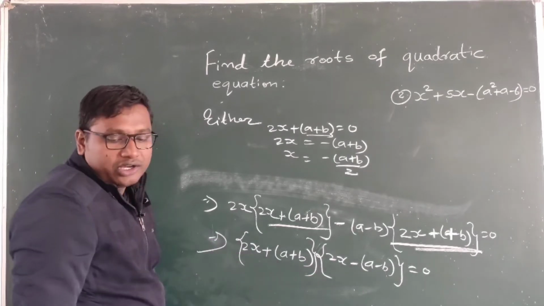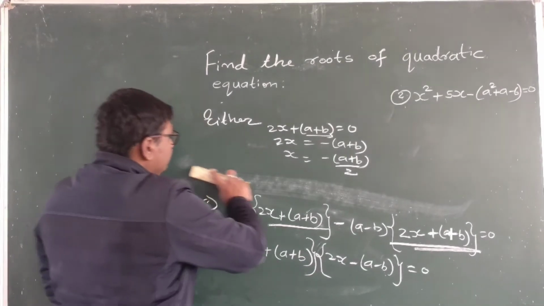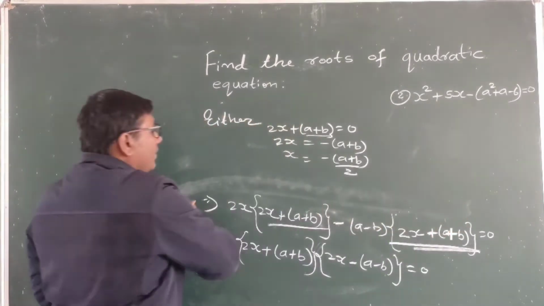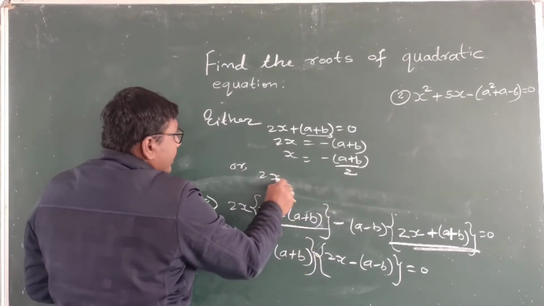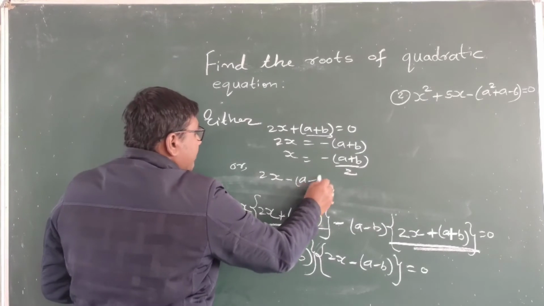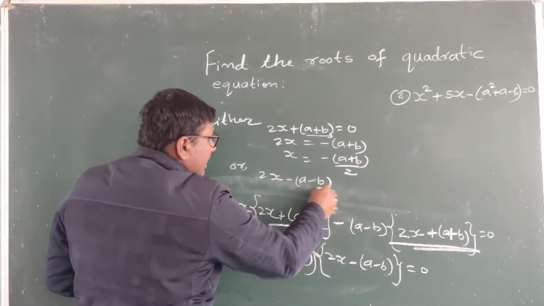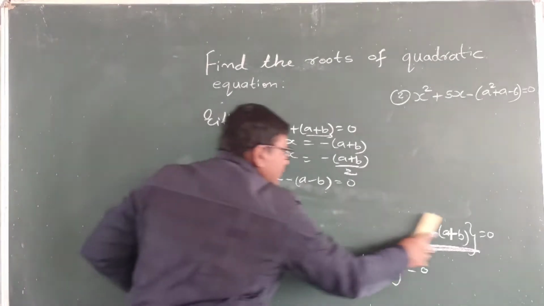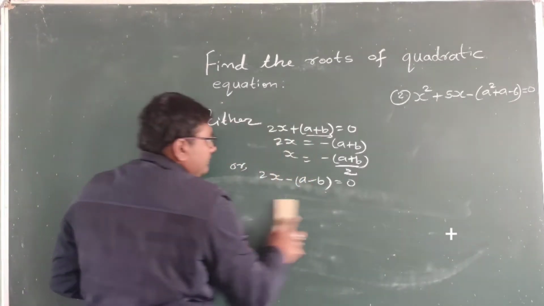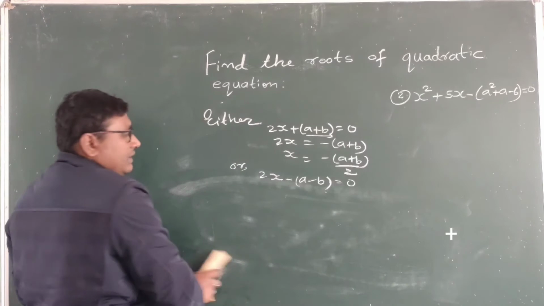And again with OR, the next term, that is 2x minus a minus b is equal to 0. Now you see the next value of x.